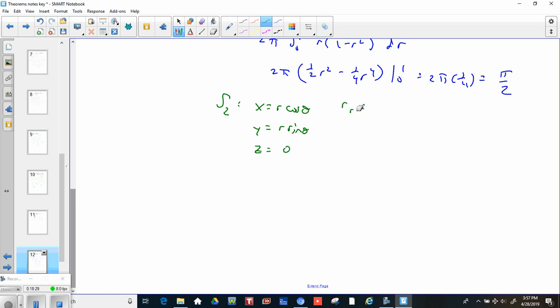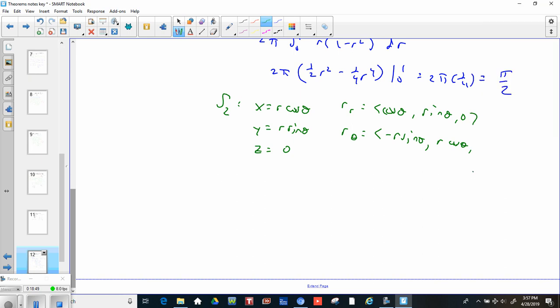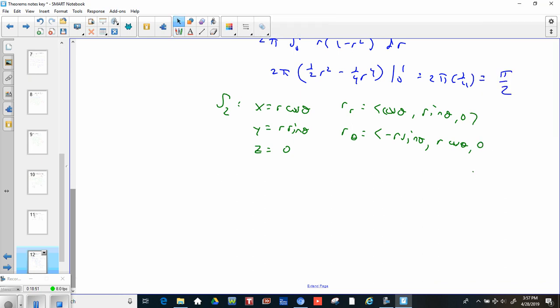So r sub r would be cosine theta, sine theta, 0. r sub theta is going to be negative r sine theta, r cosine theta, 0.